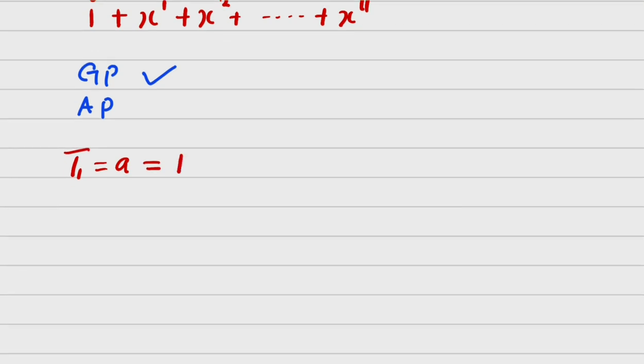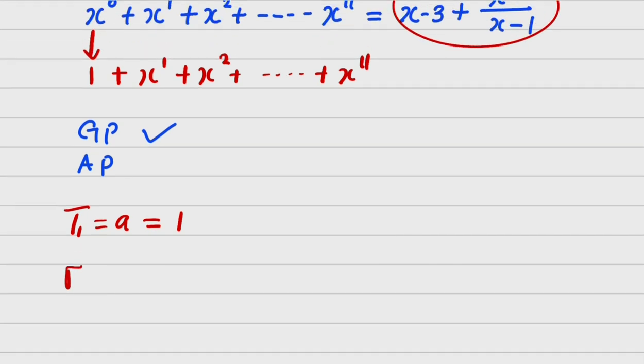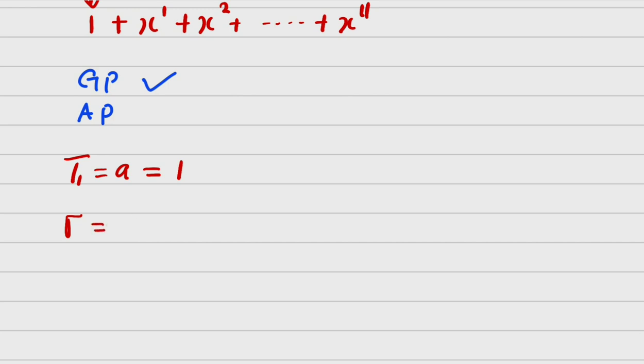The second thing we have to get, let's get our common ratio. Common ratio is gotten from this formula T2 over T1, or we can say it is T3 over T2, or T4 over T3. So it's just ratios of consecutive terms, basically.